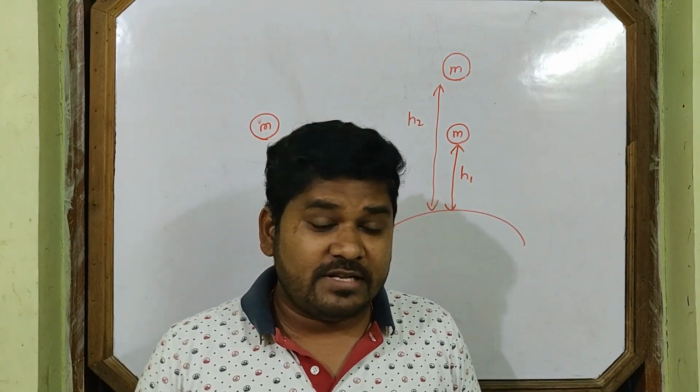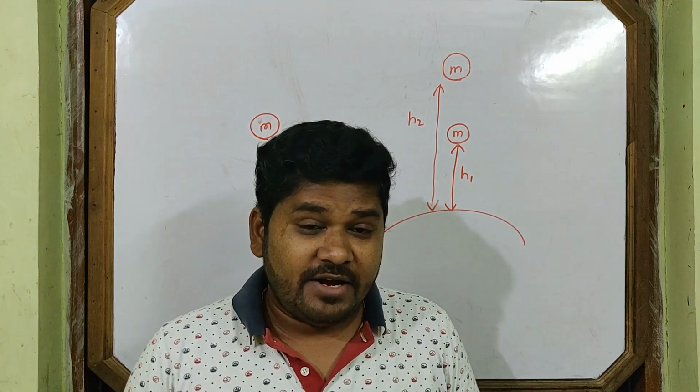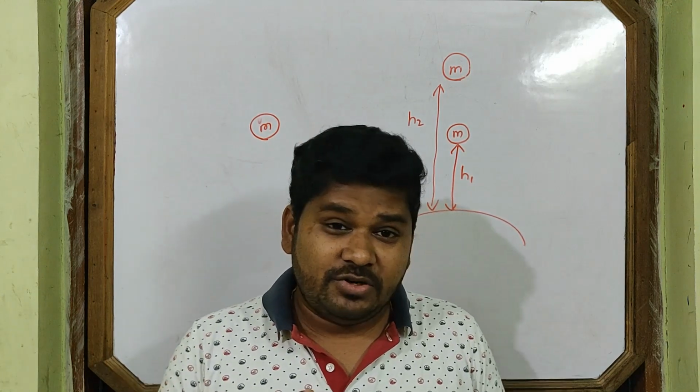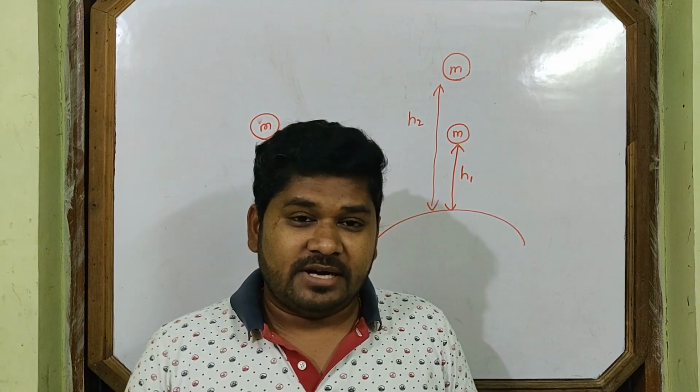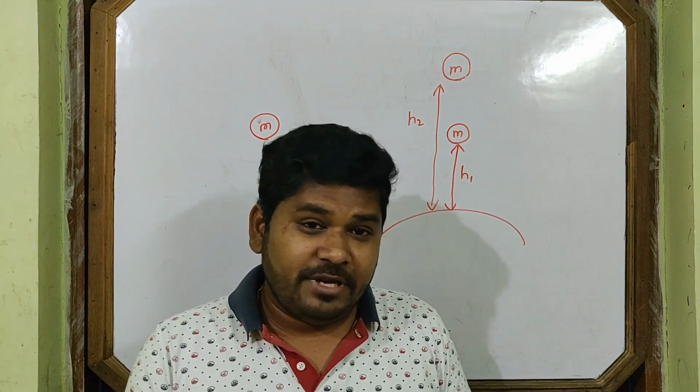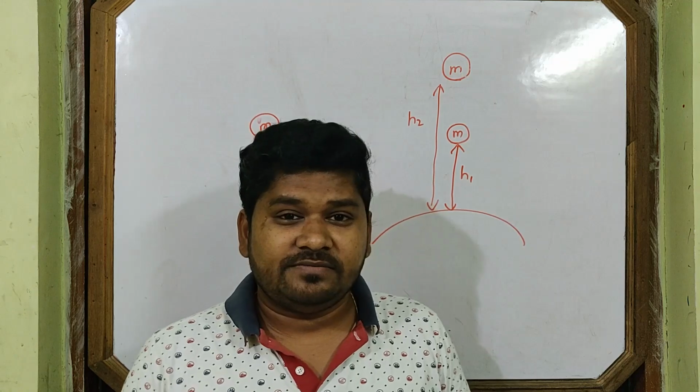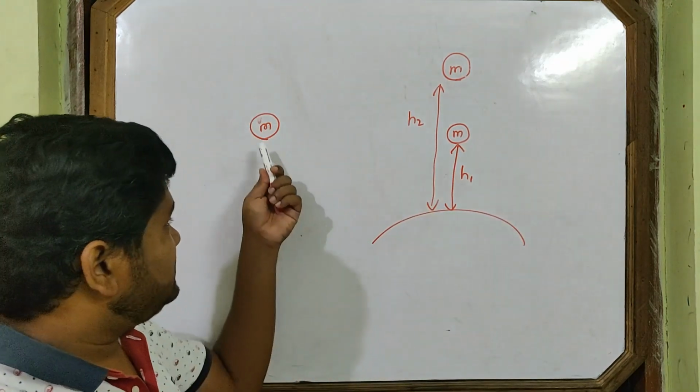So whenever the potential energy term comes, it must start from two bodies of the system, and a system can consist of a minimum of how many bodies? Two bodies. One body is here.